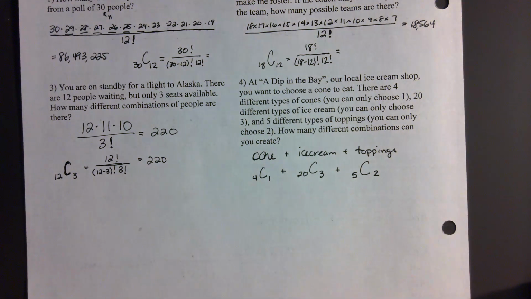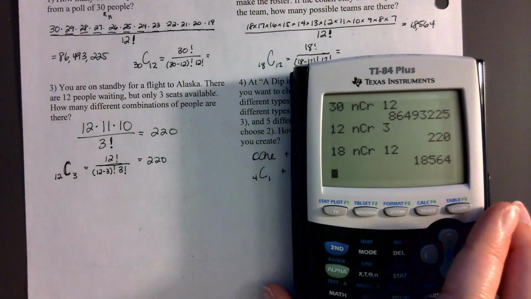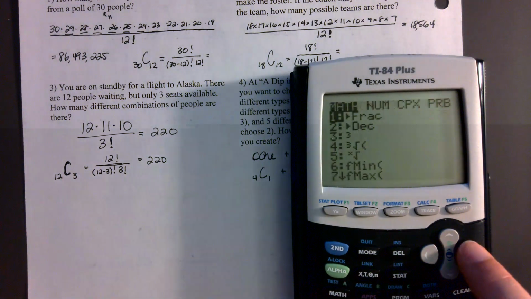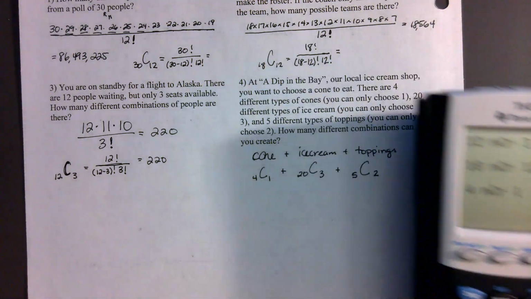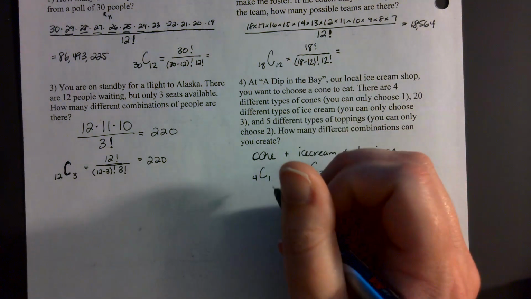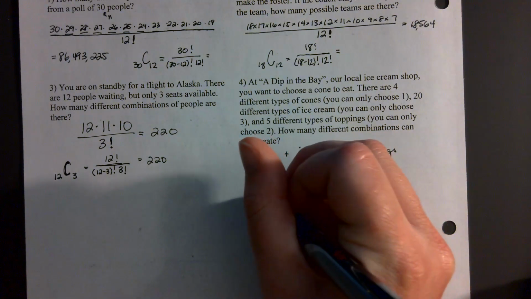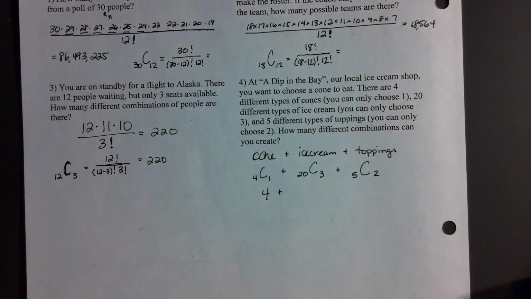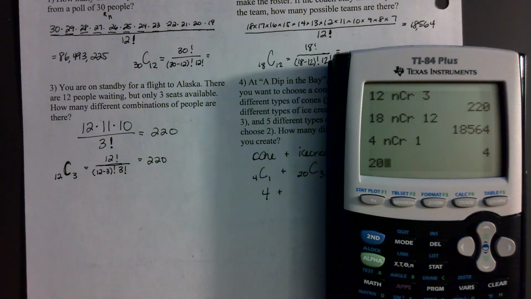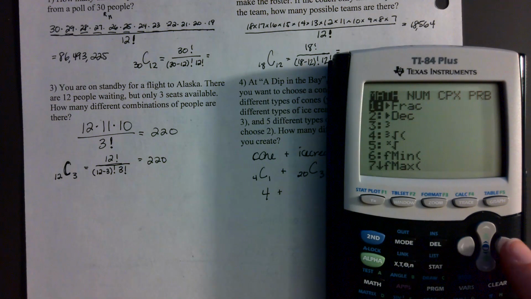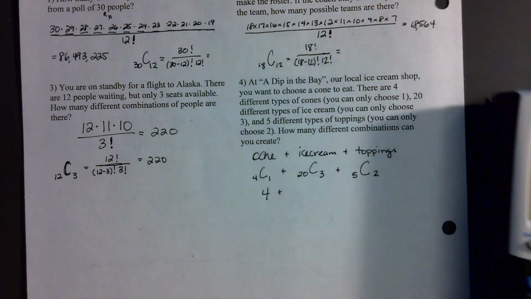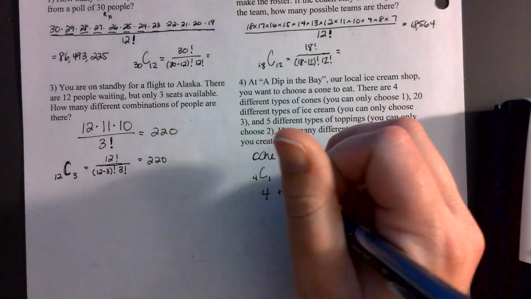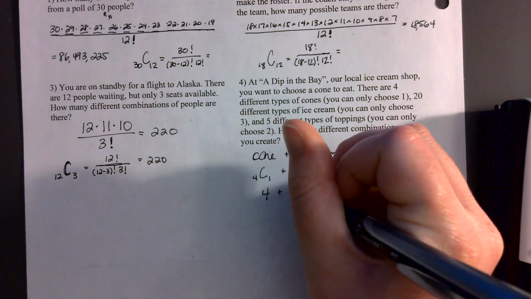We're choosing only 2. So we can look at the calculator to calculate all of these if we really wanted to. We have 4, and we want to choose 1. Well, we have 4 options to choose that first one, and we would have our 4 options here, plus our 20 different ice cream flavors, and we're choosing 3, which was 1140.